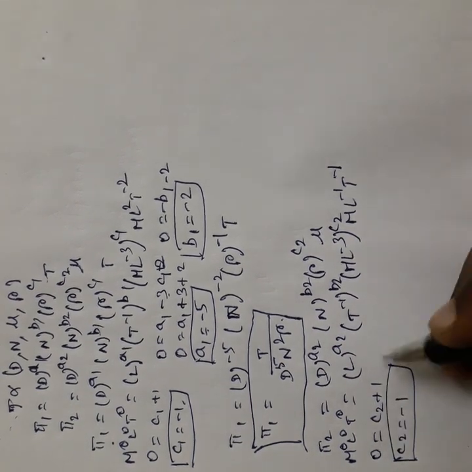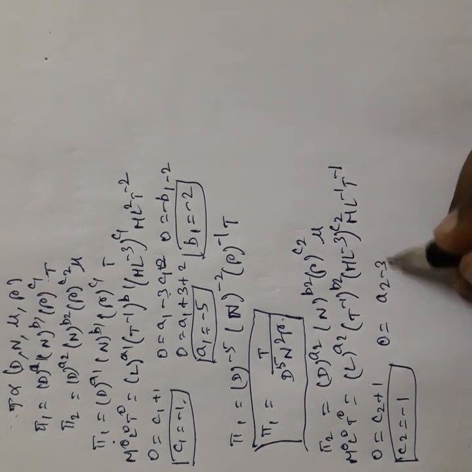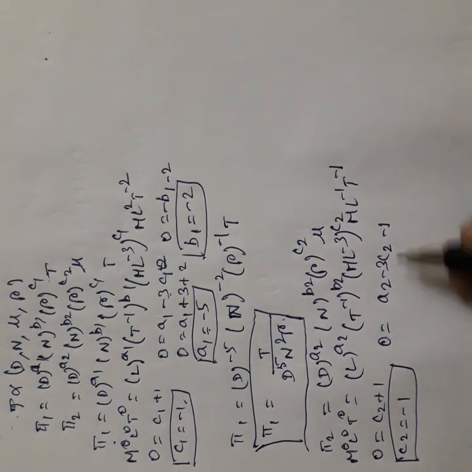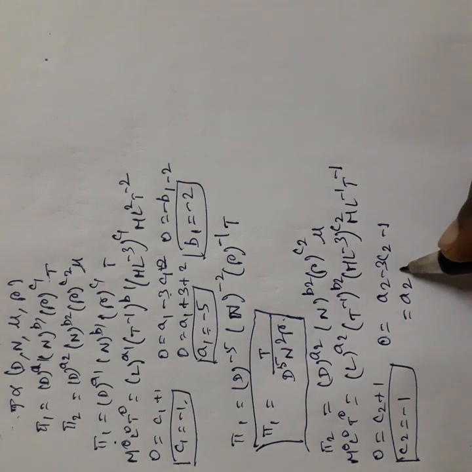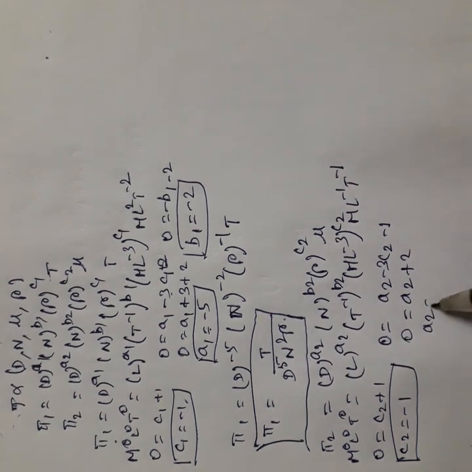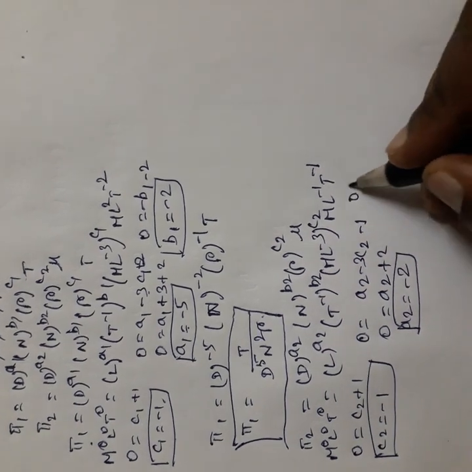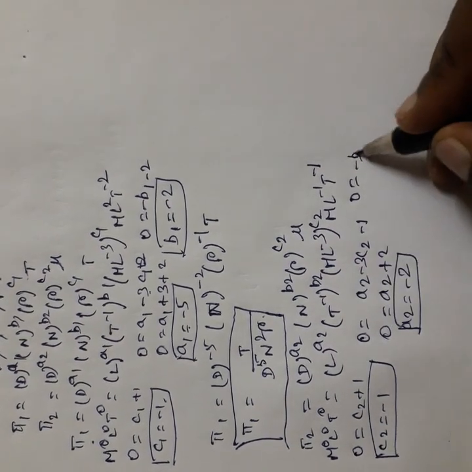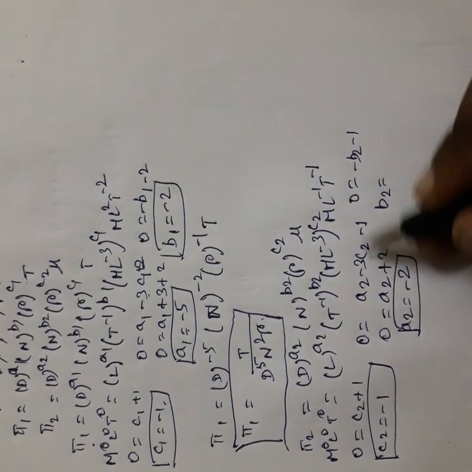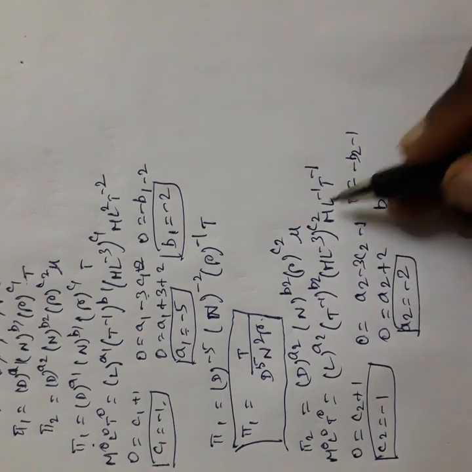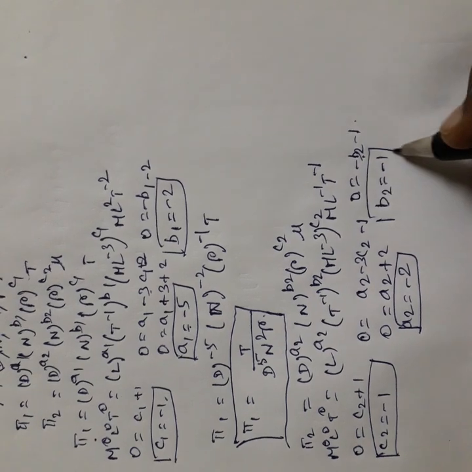For length, 0 is equal to a2 minus 3c2 minus 1, so a2 plus 3 minus 1 is plus 2, so a2 is equal to minus 2. For time, 0 is equal to minus b2 minus 1, so b2 is equal to minus 1.